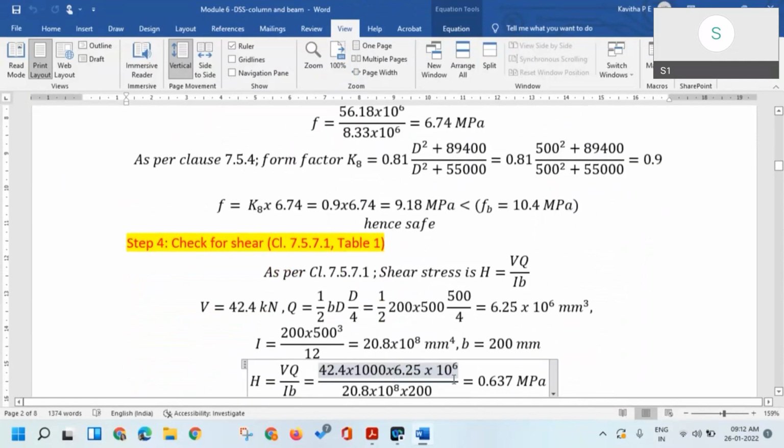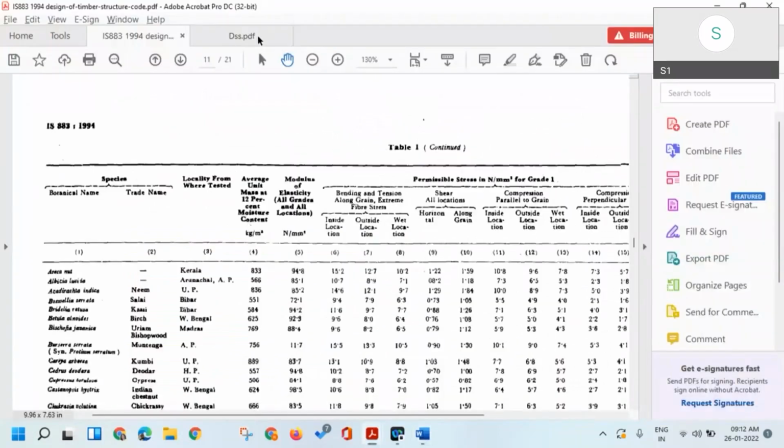Next I am moving on to check for shear. In check for shear, the value to calculate is H equal to VQ by IB, which is specified in clause 7.5.7.